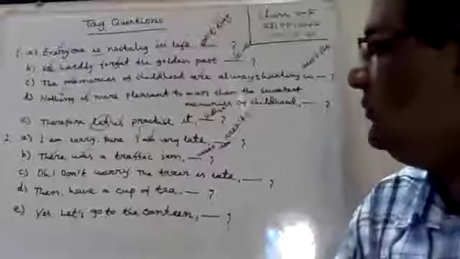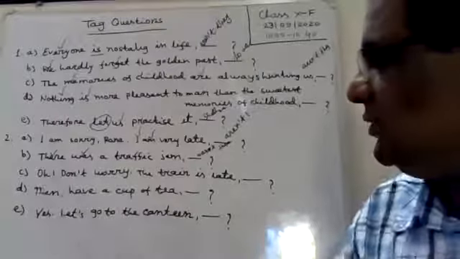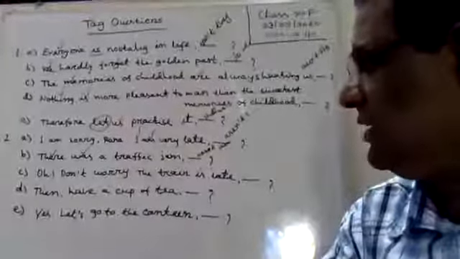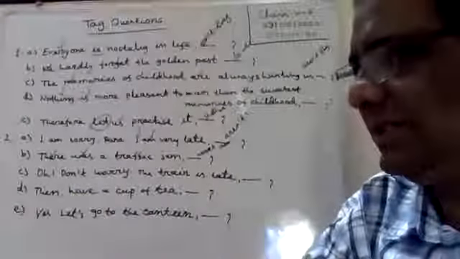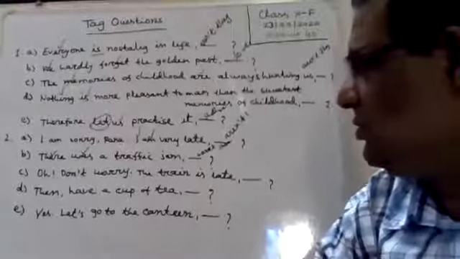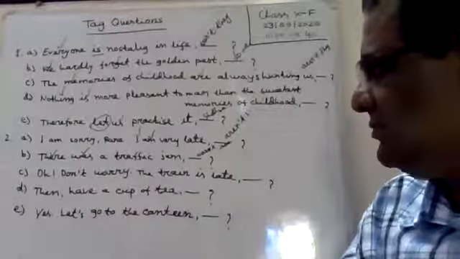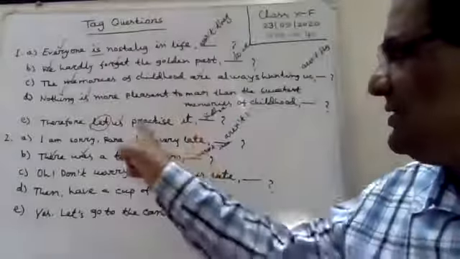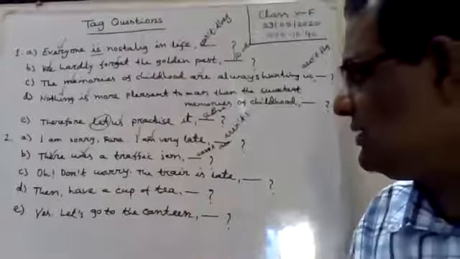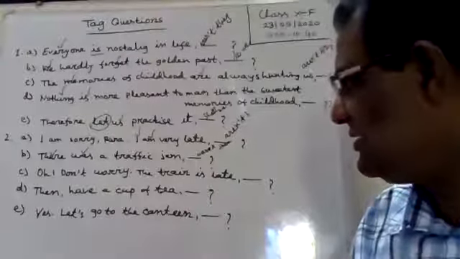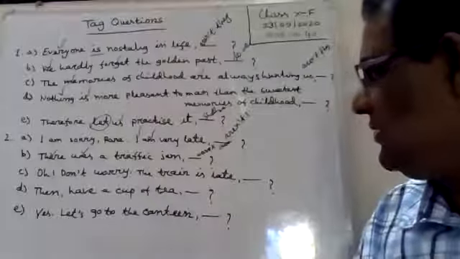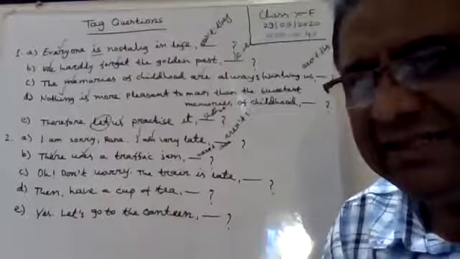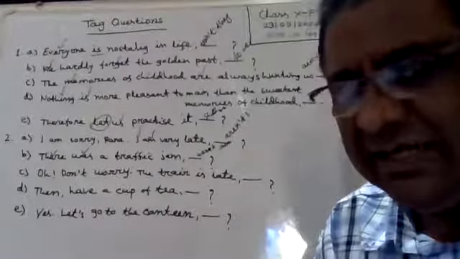Okay. Then, number C. Oh, don't worry, the train is late. Oh is an expression, exclamatory expression. It's exclamation. Don't worry. This is another sentence. The train is late. Like that sentence, here we are having two sentences. Oh, don't worry is a sentence. The train is late. But the blank is connected with the sentence which is used later on.